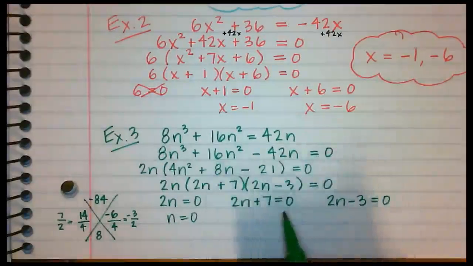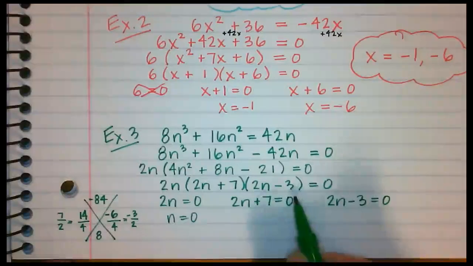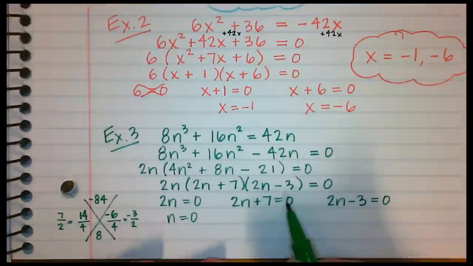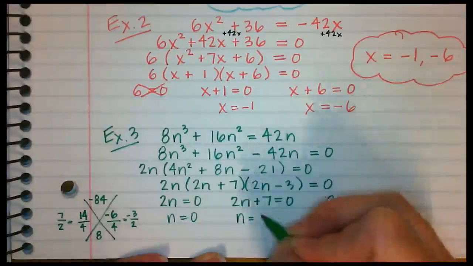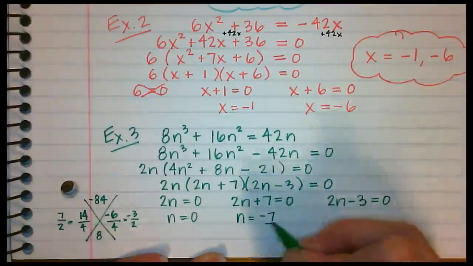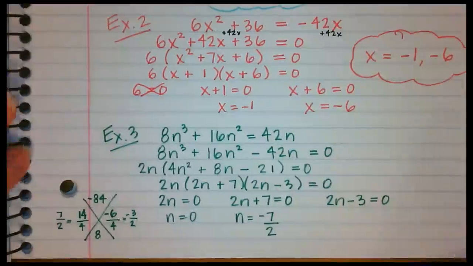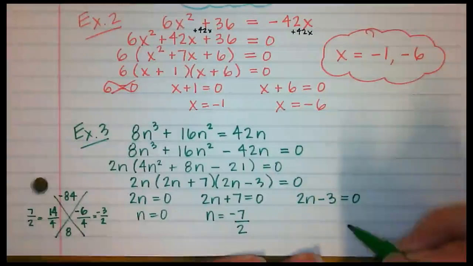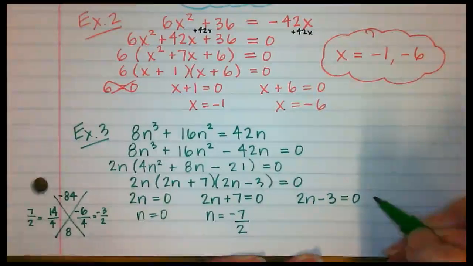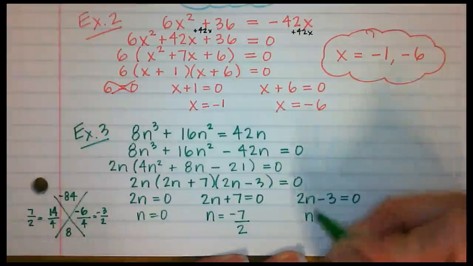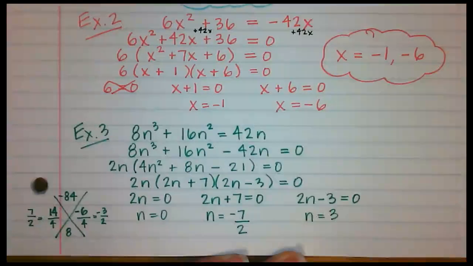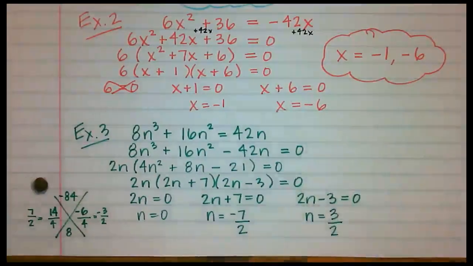For this one, we need to subtract 7 from both sides and then divide by 2. On this one, to solve this, we need to add 3 to both sides and then divide by 2.